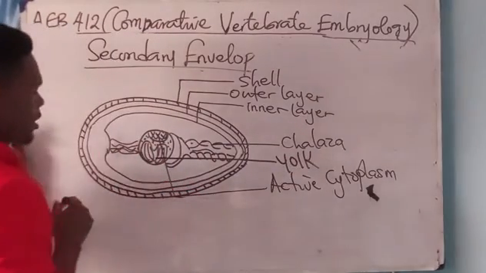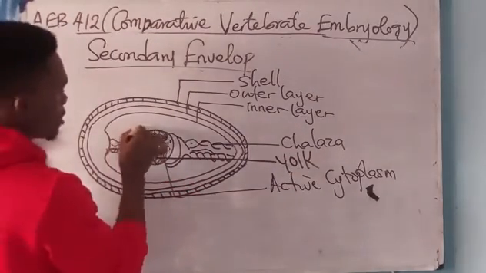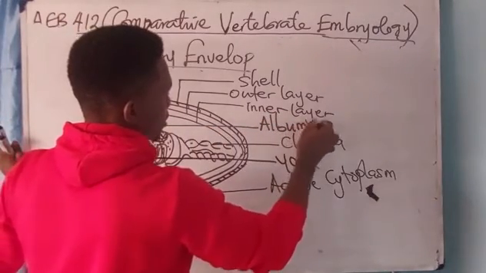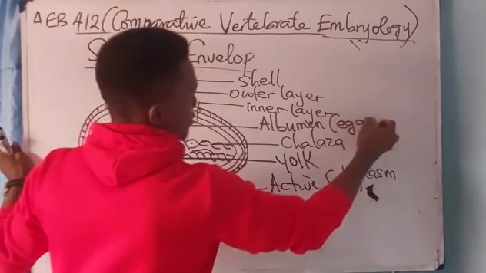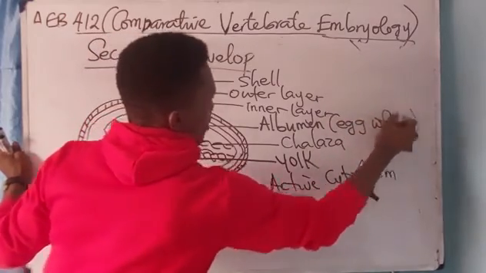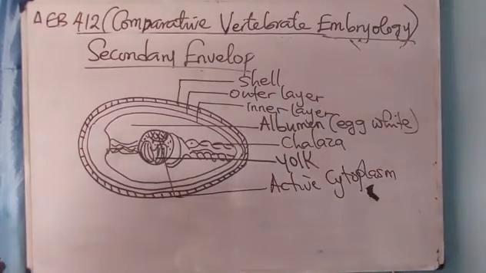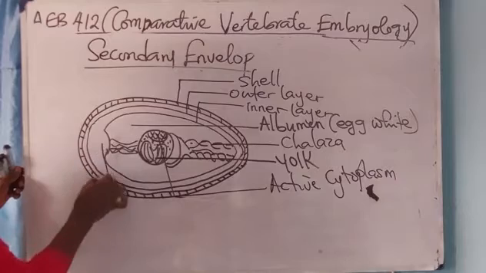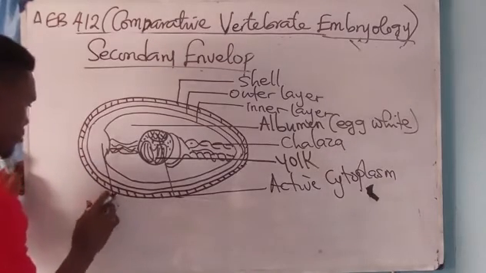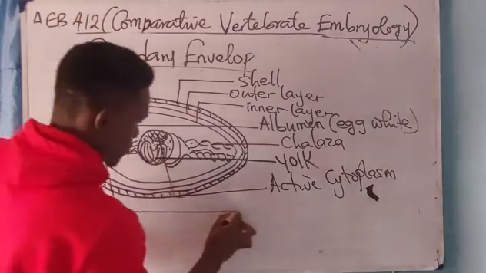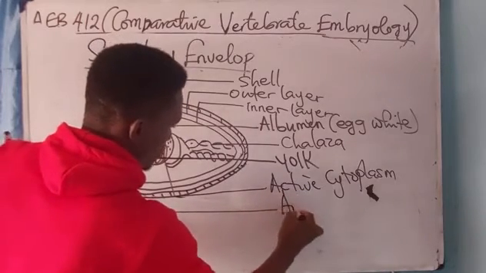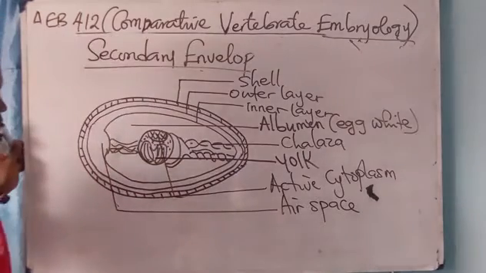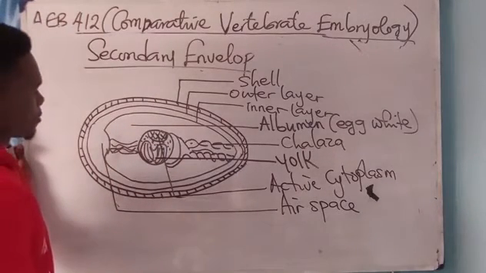And here you have the abdomen. This is the egg whites. Egg whites. All right. We have here the S-space.